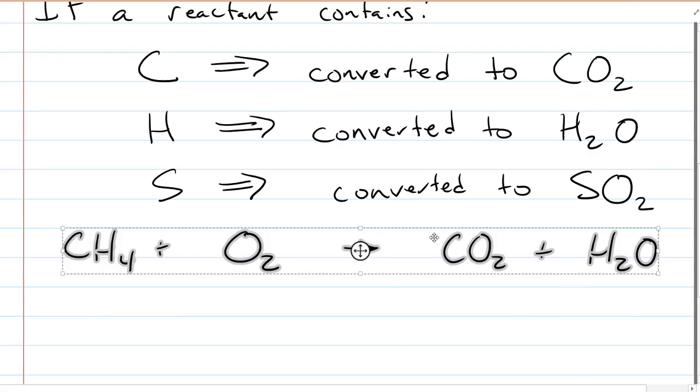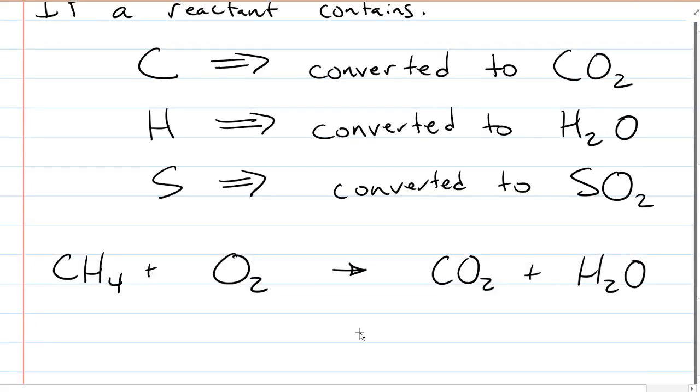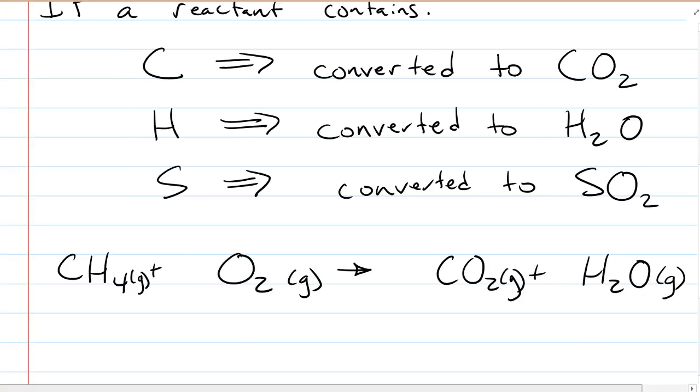Now if we want to put phase labels in for all of these, the natural gas coming in here is a gas. Oxygen, of course, is a gas. The carbon dioxide produced is a gas, and the water that's produced here is a liquid. I don't see any liquid there. It's produced as a gas, right? So now, if you want to go ahead and balance this chemical equation, go ahead and do it, please.